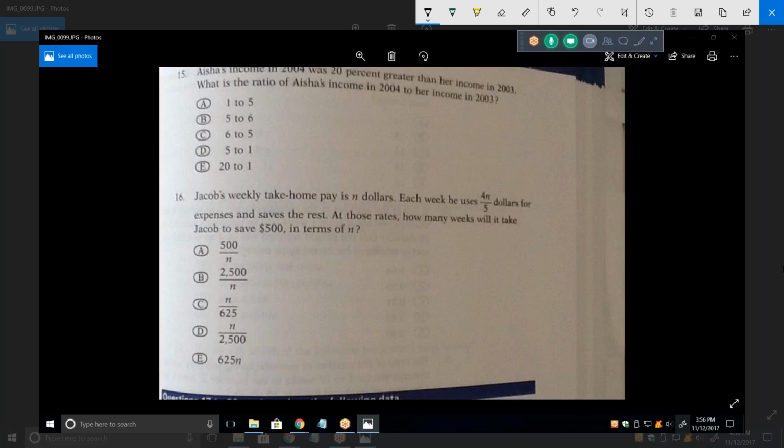When you see variables in the problem and the same variables in every single answer, then it means n is not a specific number. N can be anything. So plug in something easy like 5 for n, and then that fraction will become a lot simpler. So we'll start with 16 next time, or 10 if I find it.